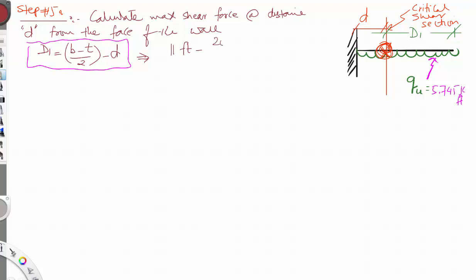T is equal to 20 inches divided by 12. Everything is divided by 2, and all of it is minus D, which is 19.5 inches. So from this we get the value of D1 in feet, which is equal to 3.04 feet.